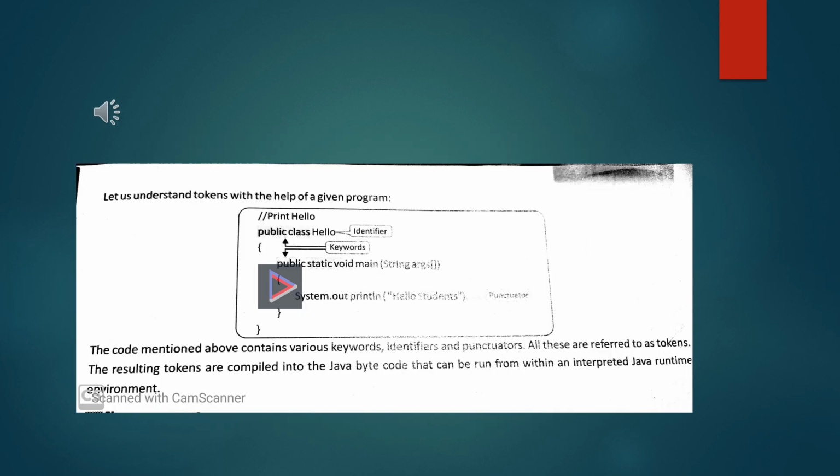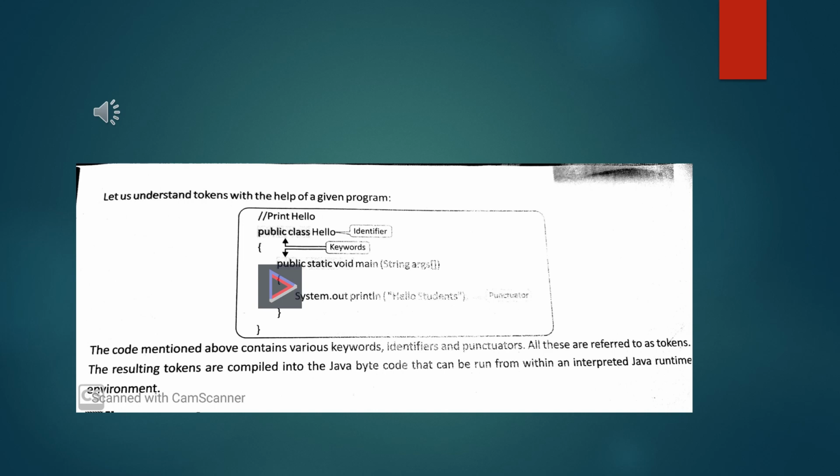From the example you can understand the token. Some tokens are mentioned here. Look here: Hello is the identifier, this is the class name. Public class, that is the keyword. The bracket is given as a punctuator. Individually we will discuss what is keyword, identifier, punctuator, separator.